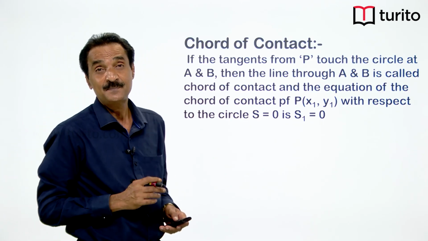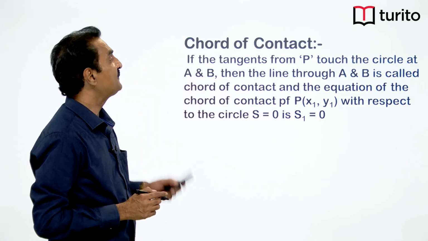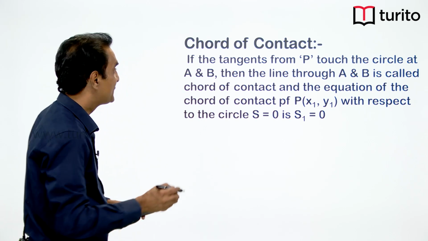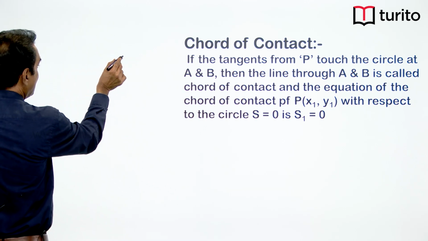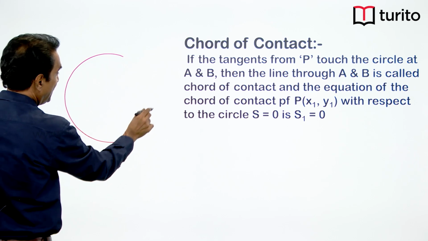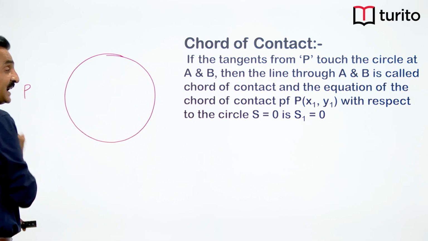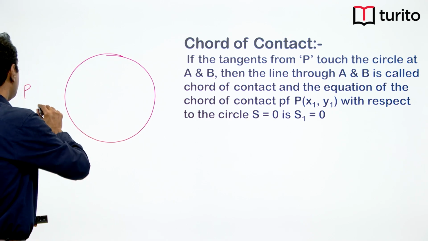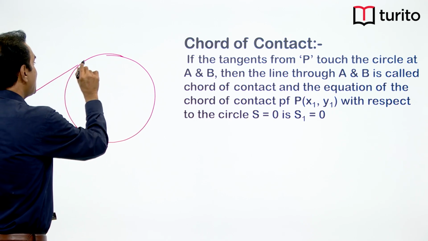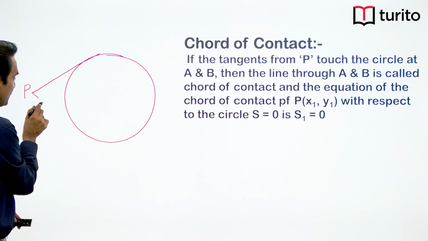Now another concept, chord of contact of a circle. If a circle is like this and P is any external point, from P we can draw two tangents like this.